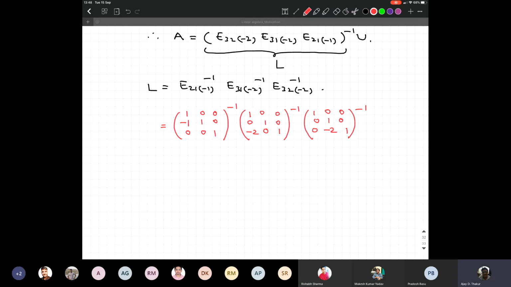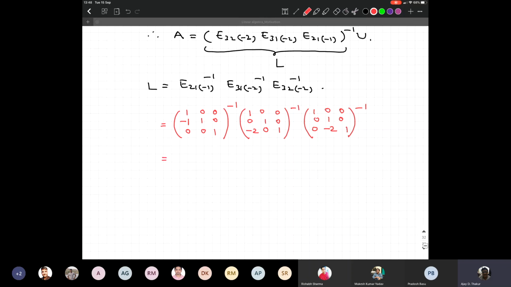But it turns out for matrices where you have a 1 along the body diagonal and a typical number somewhere floating around in one of the locations, the inverse of that is simply going to be 1 0 0 1 1 0 0 0 1. So what we are doing is we are simply changing the sign of the -1 in the second row first column.